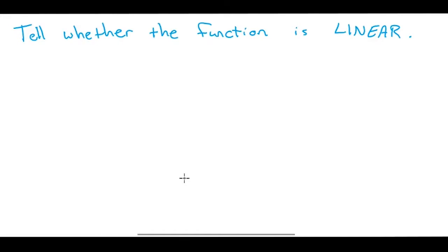Hey guys, today we are going to tell whether a function is linear. A linear function is always of the form y equals mx plus b.